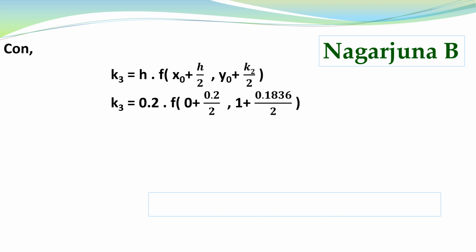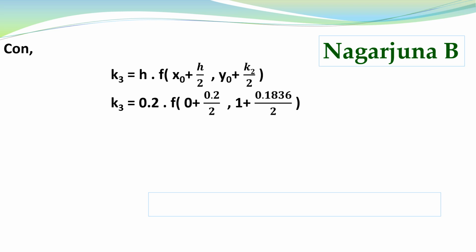Now simplify the terms present in f: 0.2 divided by 2 will be 0.1, plus 0 will be 0.1, and 0.1836 divided by 2 will be 0.0918, plus 1, so it will be 1.0918.